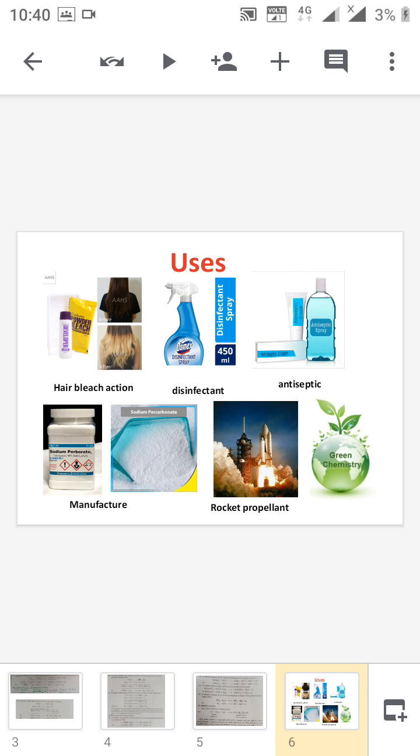It is also used in the synthesis of hydroquinone and tartaric acid, and in the manufacture of propylene oxide and polyurethane. It is a component of rocket propellant. It is used in environmental and green chemistry because it can be used without causing any pollution to the environment.